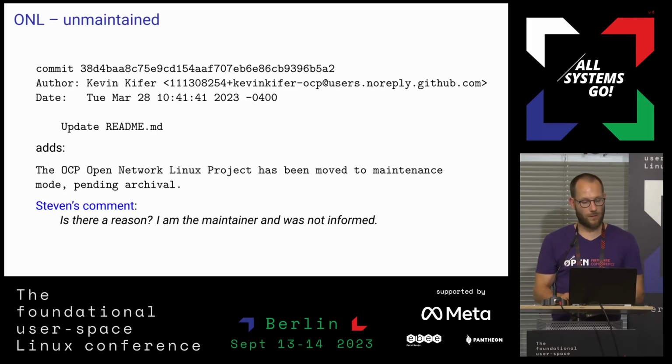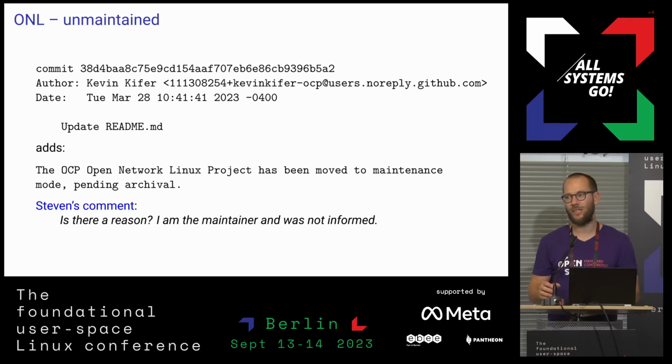Yeah, and there's also bad communication from the Open Compute project. There's some Kevin Kyver, and he just edited the repository directly. Besides, he should have never had access, as far as I understood. And Steven, the actual maintainer, said, what's the reason? I'm the maintainer, and I was not informed.